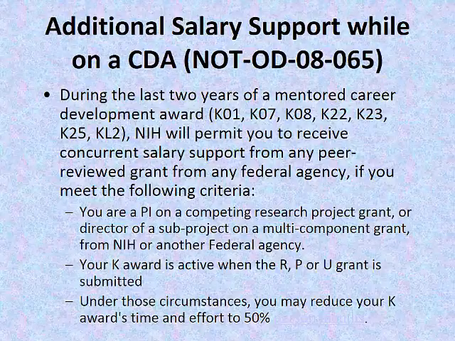The second criterion is that your K Award is active when the R, the P, or the U grant is submitted. U grants are cooperative agreements. We're going to go into this more, but a cooperative agreement is a little bit different than an R grant. With an R grant, you're an independent investigator: you think of the science, you apply, you get your money, and you have a lot of independence on how you execute that science.